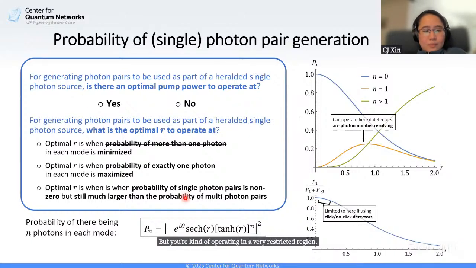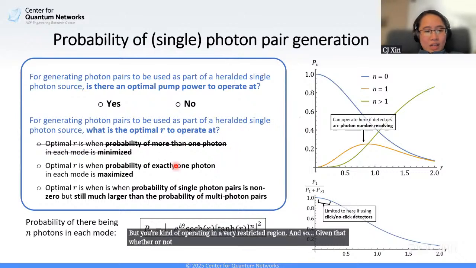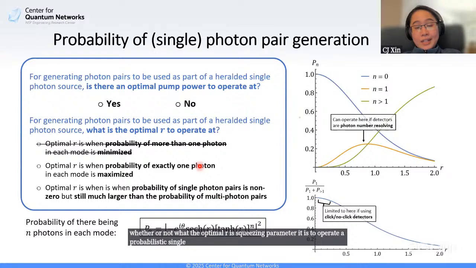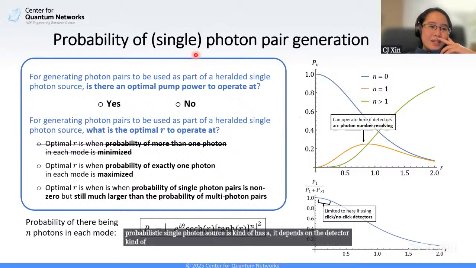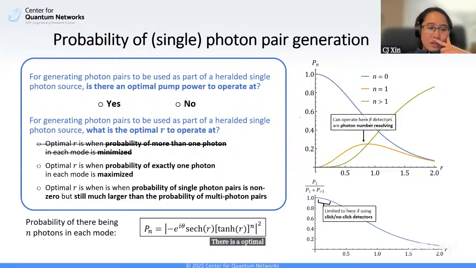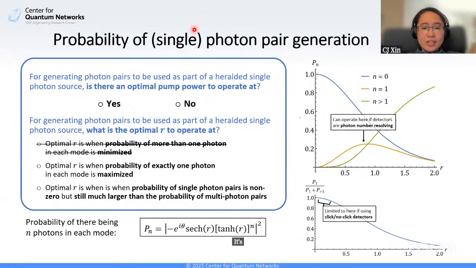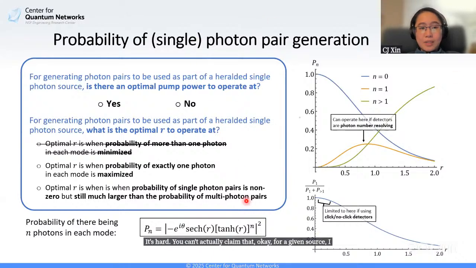Given that, what the optimal R, the squeezing parameter, is to operate a probabilistic single photon source at kind of has an "it depends on the detector" answer. It's hard to say that there is an optimal pump power to operate at. So that is reason one. You can't claim that for a given source, I need to operate at a particular pump power.